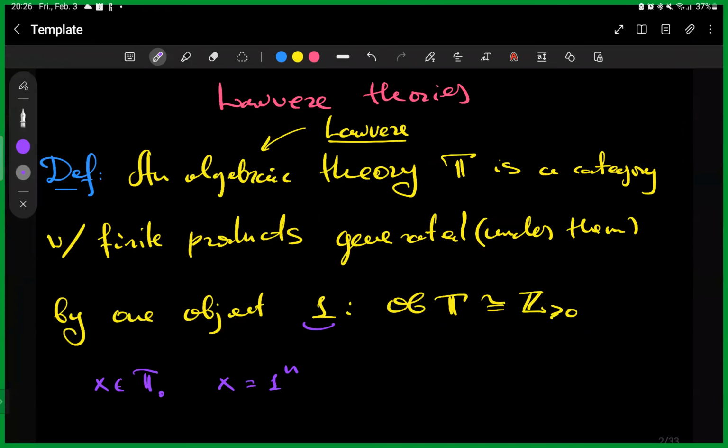So each object is a product. Yeah. What is the power? Well, it's just like this. So it's the product of 1 with itself n times. Okay, thank you.